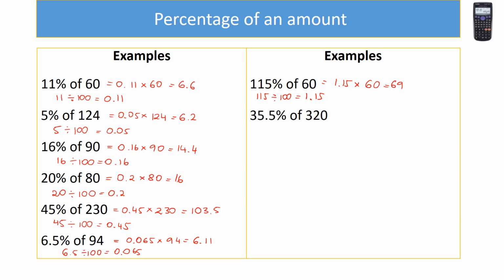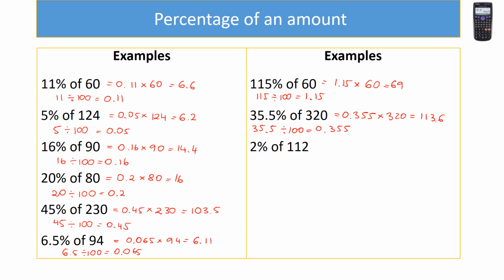For 35.5%, we have 35.5 divided by 100, which is 0.355. So 0.355 times by 320, that is 113.6.